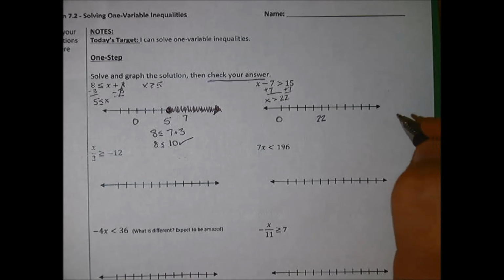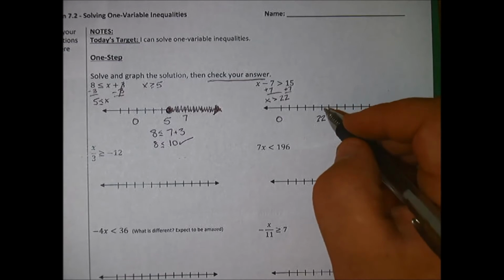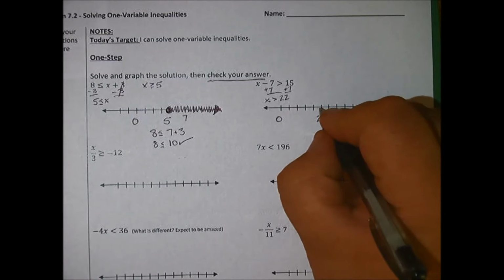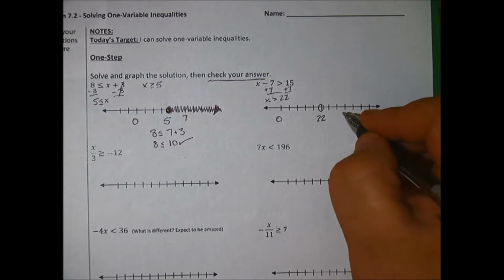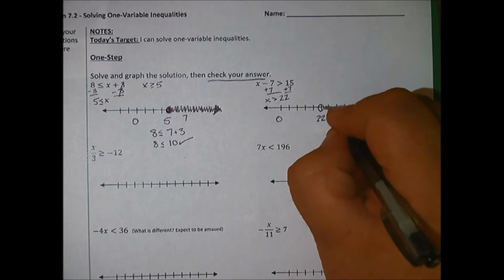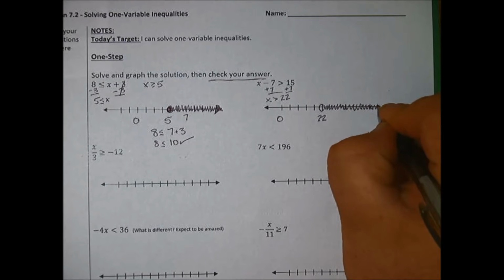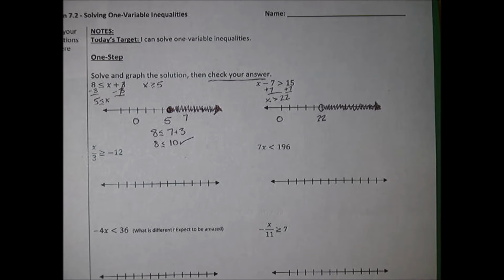Again, not worried about the scale, just worried about graphing it correctly. All right, so can it be 22? It cannot. There's no line underneath that inequality, so it can't be 22. So we'll open circle that. And I want to shade the numbers that are bigger. Bigger numbers live to the right. And so we shade over there, all the way to the arrow, block the arrow, and we're good to go.